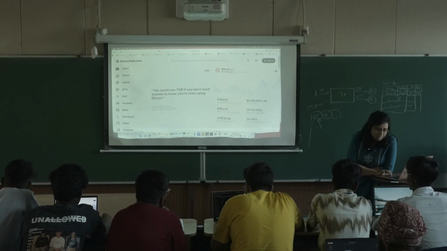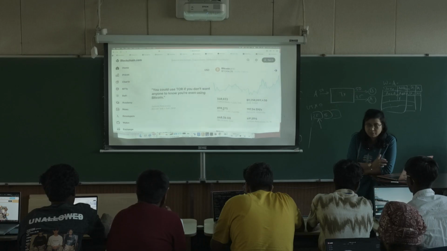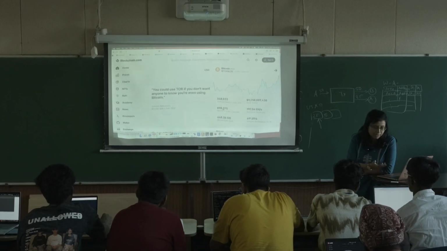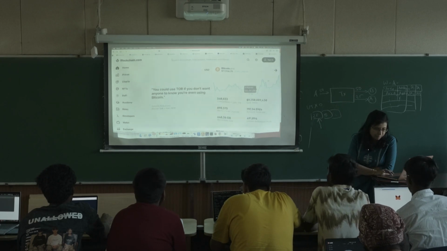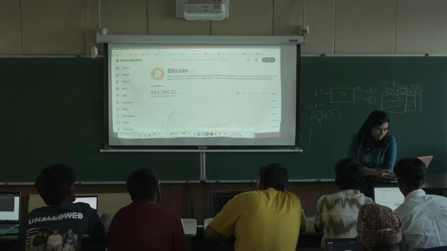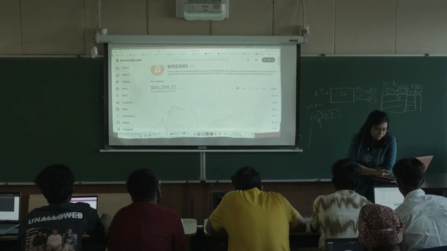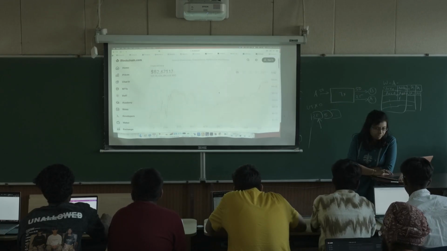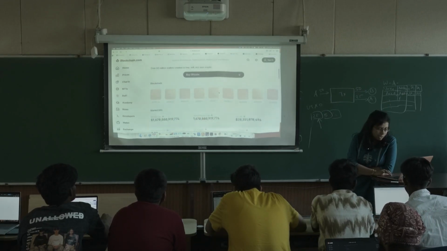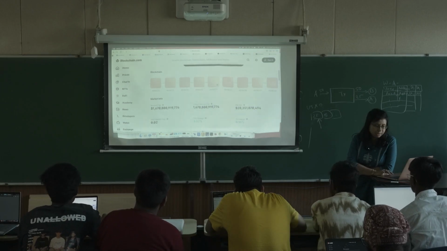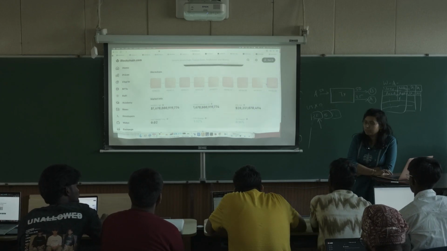So all the questions that you were asking, how big things are, how frequent my transactions are, you will get that information from here. Now let us look a little bit closer into Bitcoin. Here you will see the price fluctuation in Bitcoin. The most interesting thing over here is the blockchain. These are all the blocks in Bitcoin.